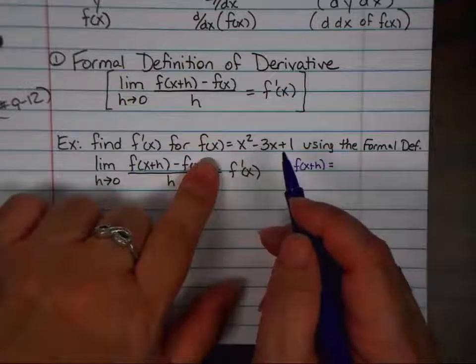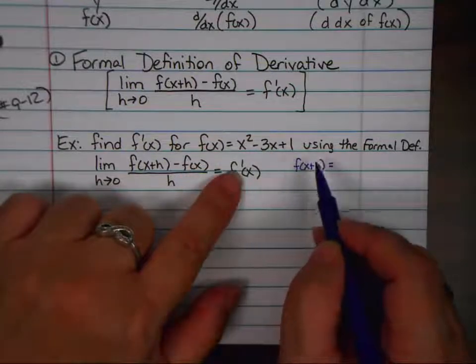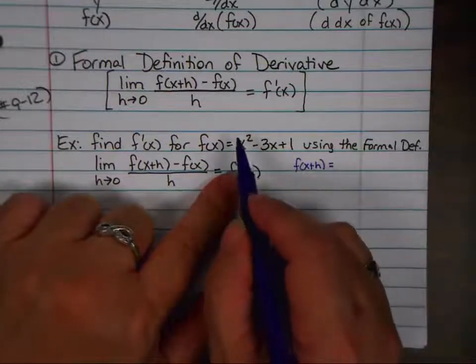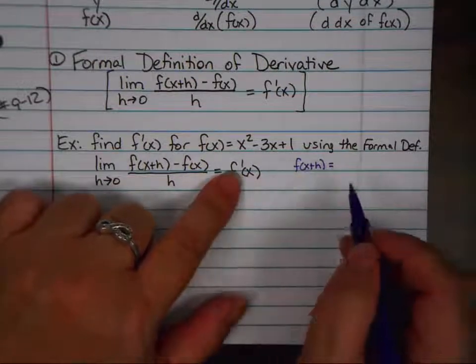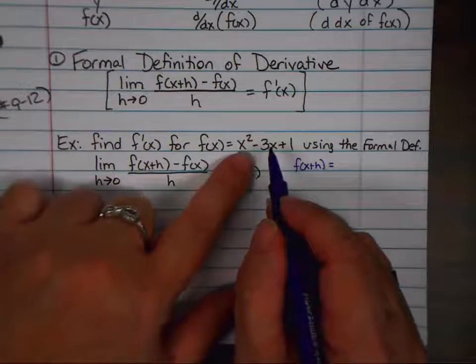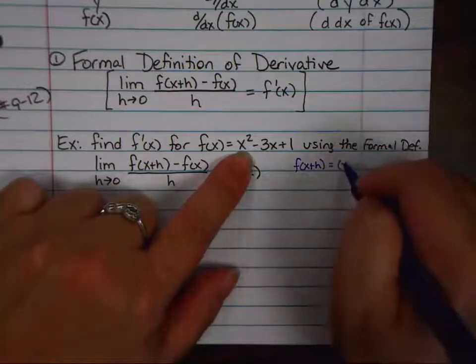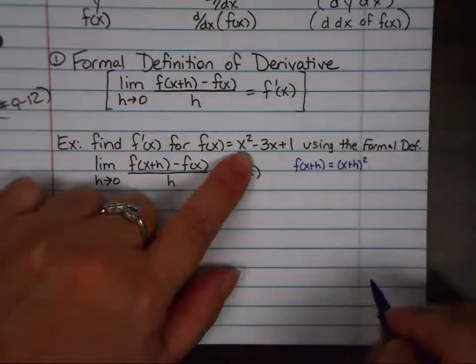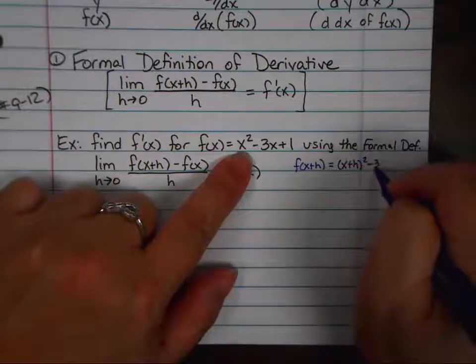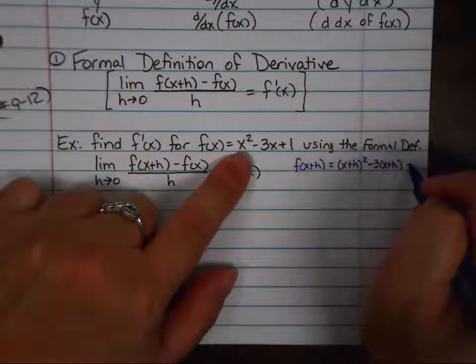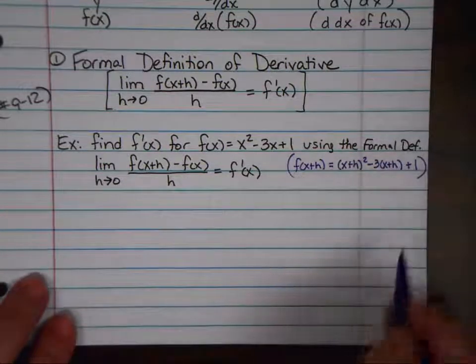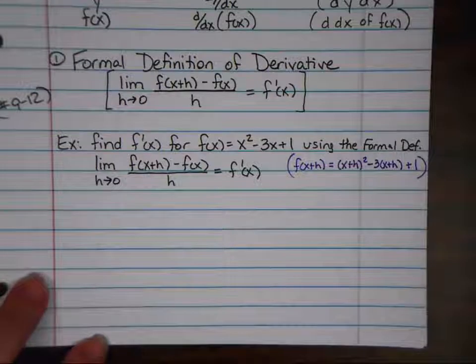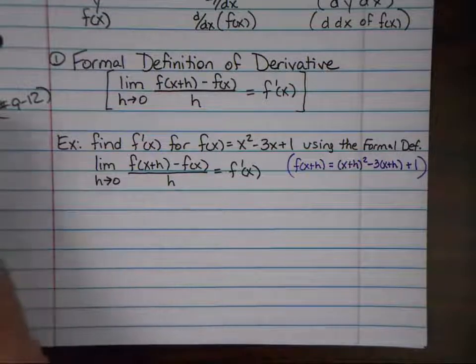Change to b's. So whenever it says find f of something, you change all the x's to that something. Does that make sense? Okay. So I want to write this down, and for both of these x's, I'm going to change it to x plus h. So x plus h squared minus 3 times x plus h plus 1. So that is what f of x plus h is. And put that in parentheses. I need to plug that into the equation in just a minute.